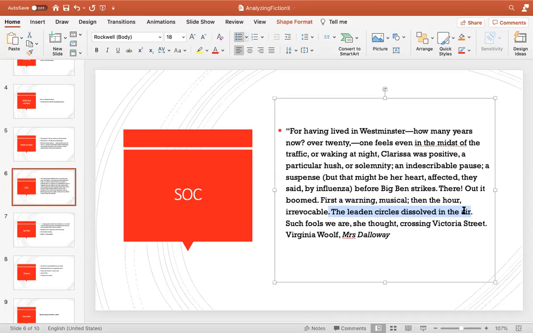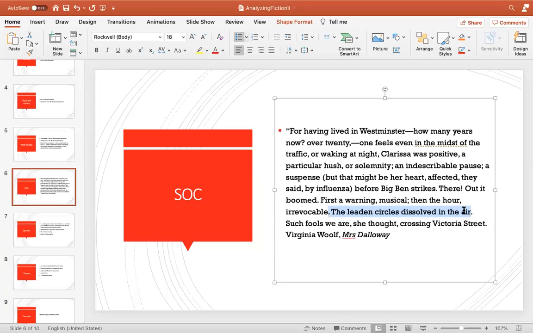All right. Now, when I interpret the Big Ben as a symbol of reality, I connect it with the setting which is given to us in the whole quote, in this whole extract.